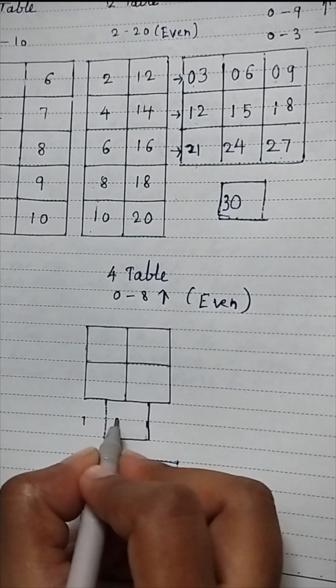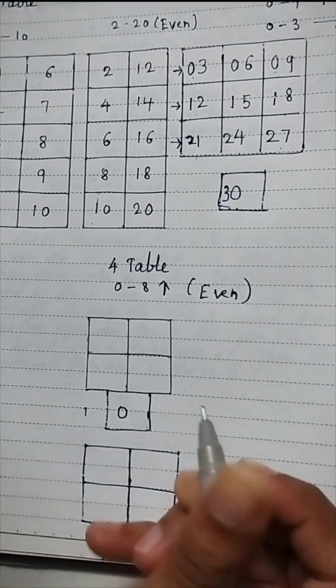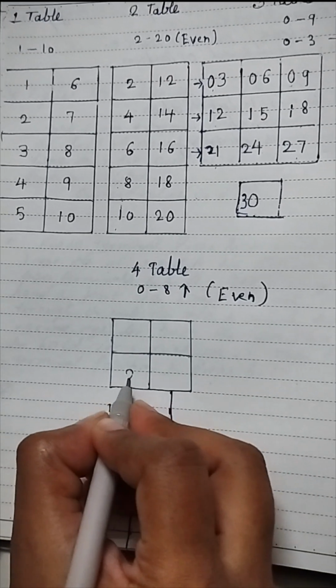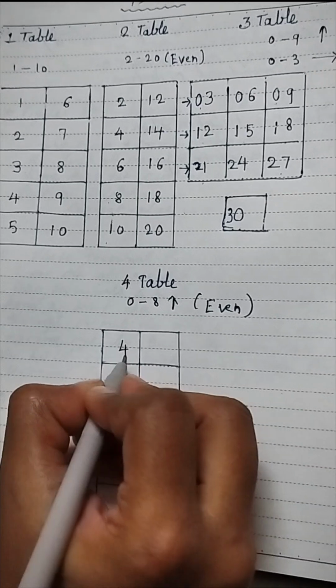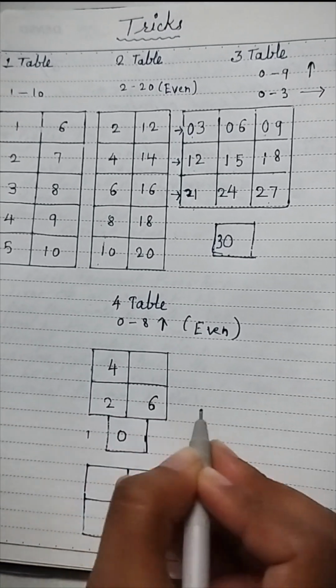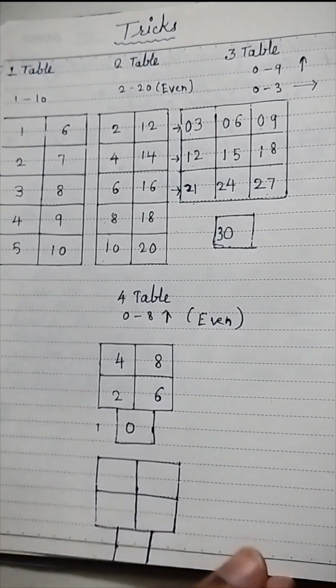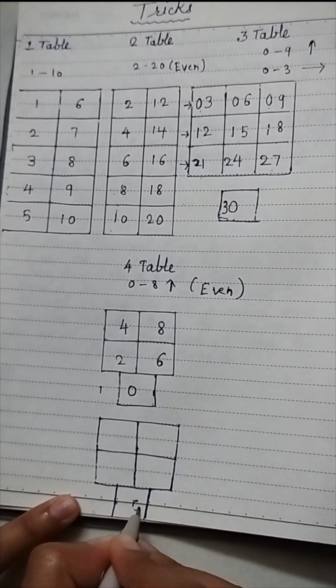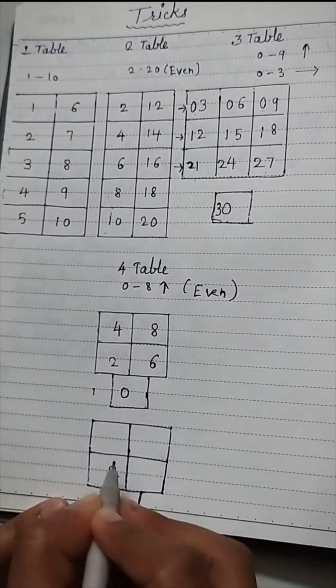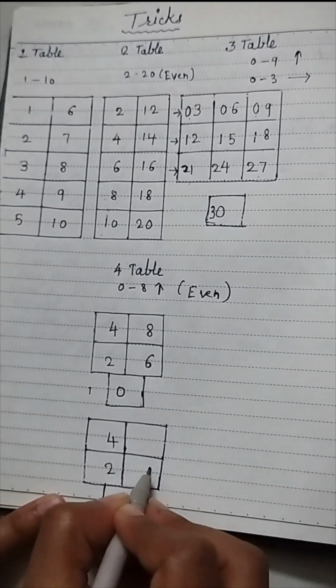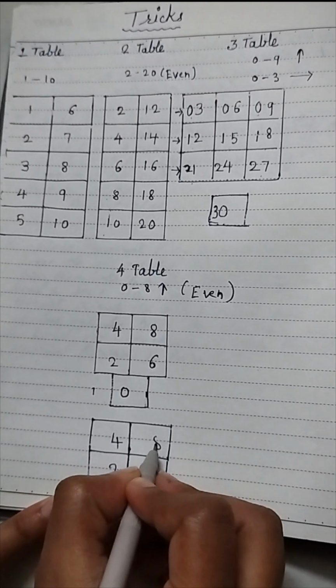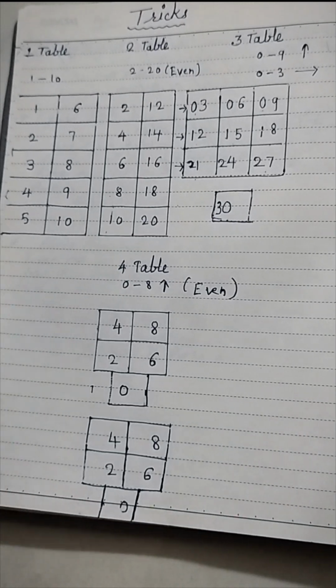So take 0, then 2, then 4, then 6 and then write. Use this same method from here. Write 0, 2, 4, 6 and 8. So we have done this.